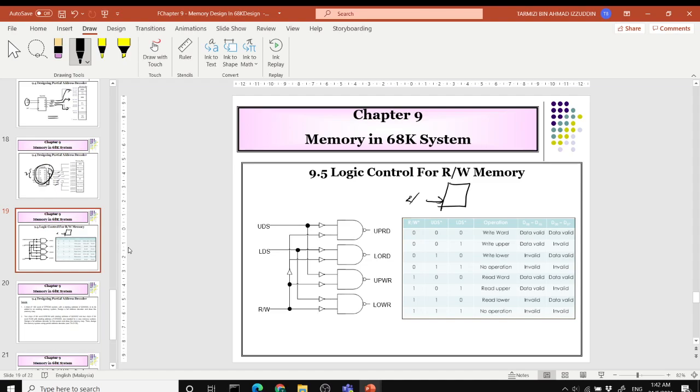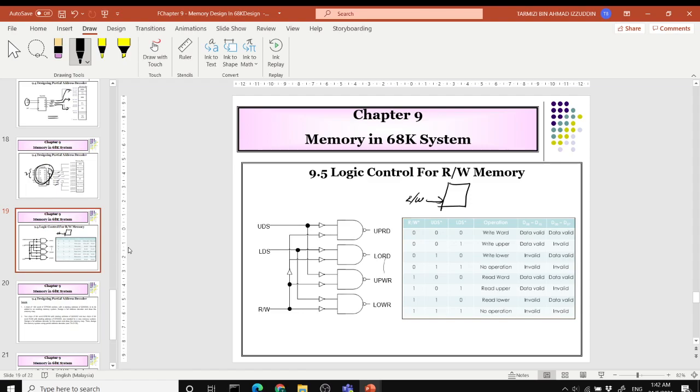This is not very important, but you need to know it as well. How does the 68K tell the memory whether you want to read data from the memory or write something into the memory? So how are you going to do that?